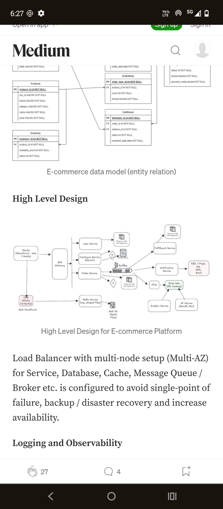For getting customer feedback or some other log information, you can go for NoSQL like MongoDB.